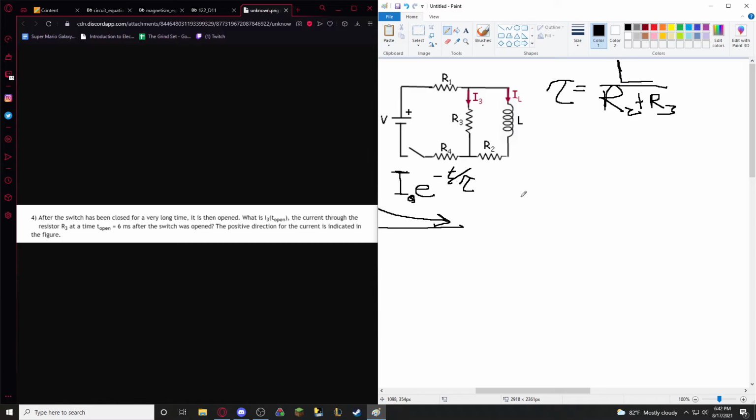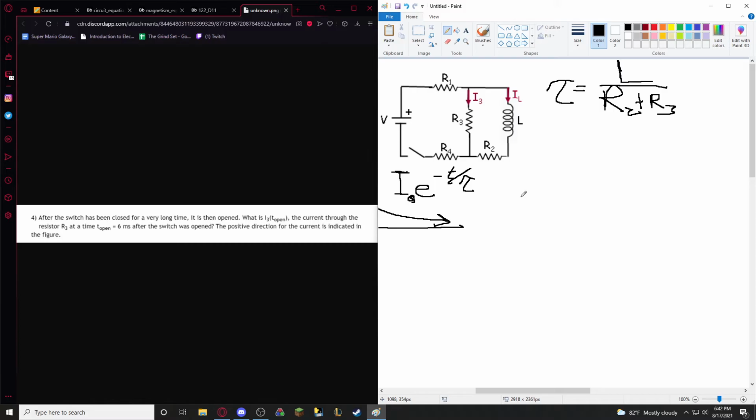The current flowing from the battery before was from the battery right back to the battery, but as soon as you open it, it doesn't even go towards the battery. It's just the loop between R3 all the way to L and back to R3.